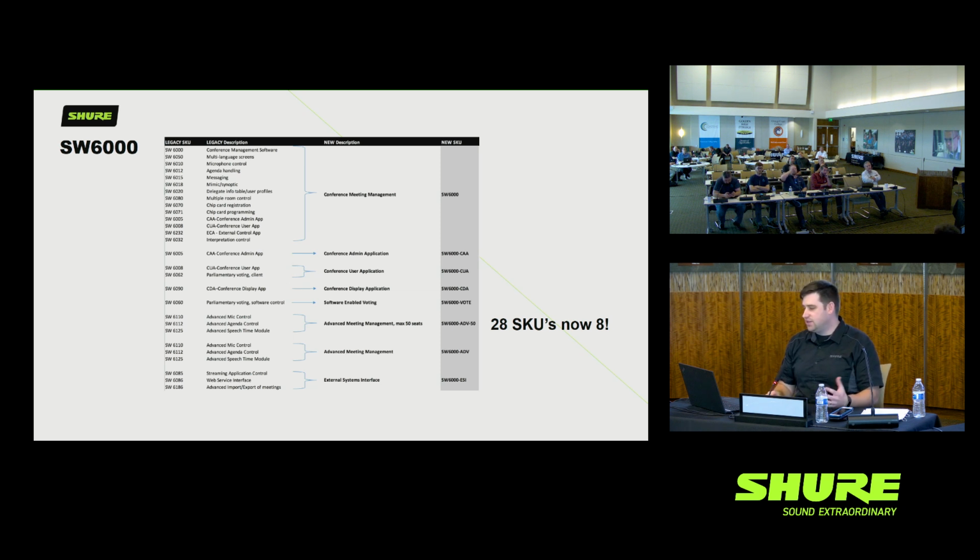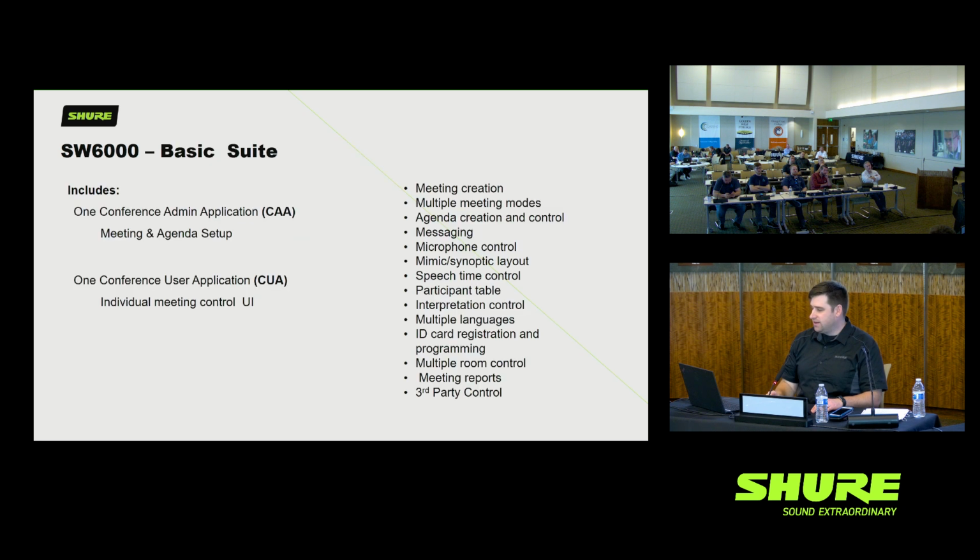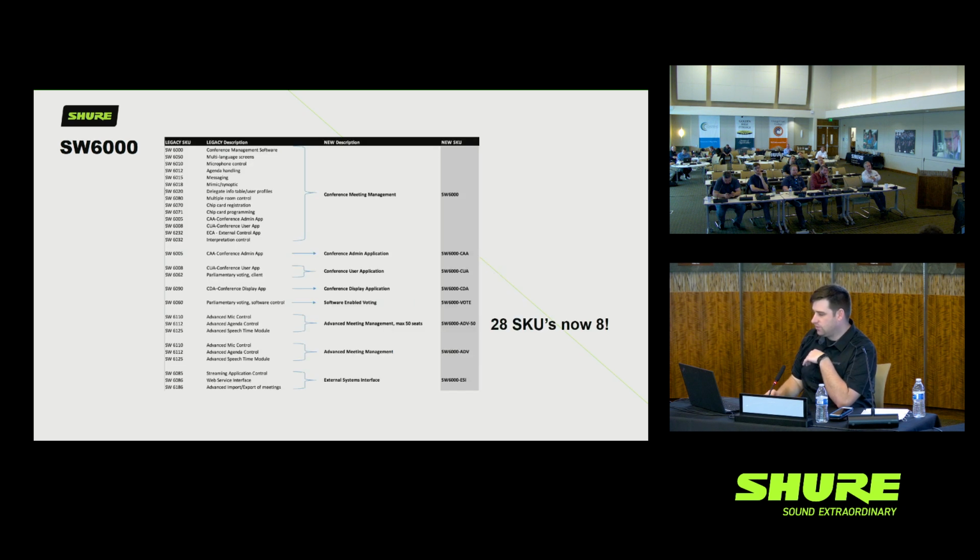So now, just by buying Software 6000, we went all the way down from 28 to 8, and you can see that first bracket includes all of these categories on the right. So if you buy Software 6000, you're getting meeting creation, agenda creation, mimic control, which you guys will see, microphone, ID card programming, all these things just included in that single SKU.